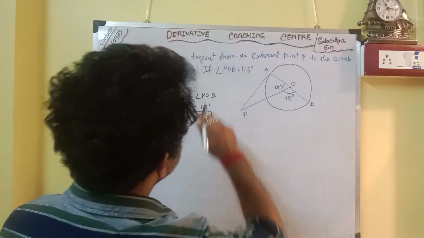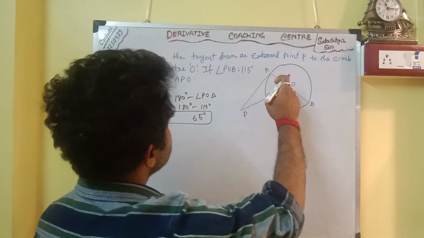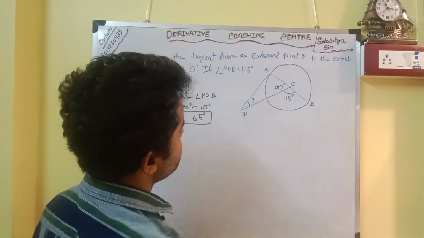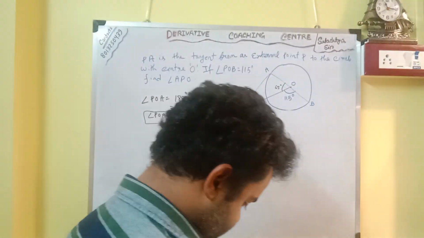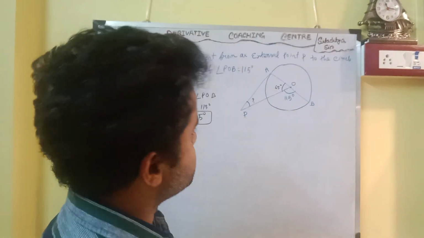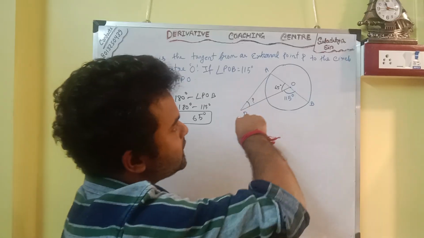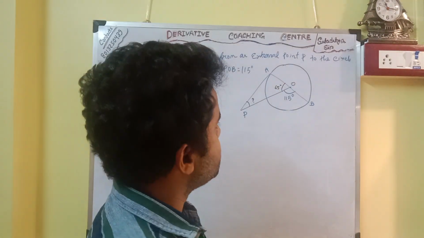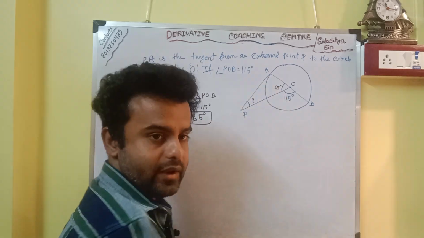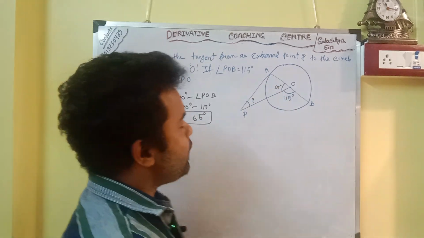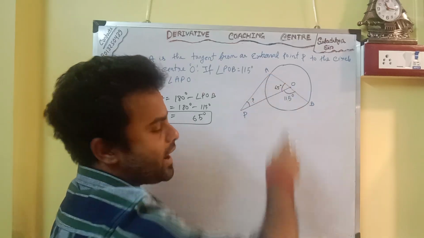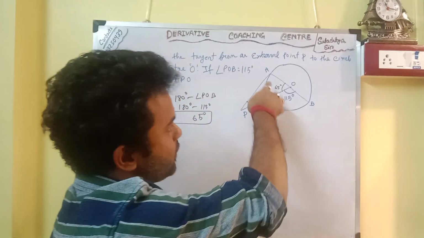Okay, so you have to find this angle APO. One thing, that is the basic concept: the tangent PA and the radius OA at the same point A. We know that the tangent PA and OA are perpendicular at the point of contact.